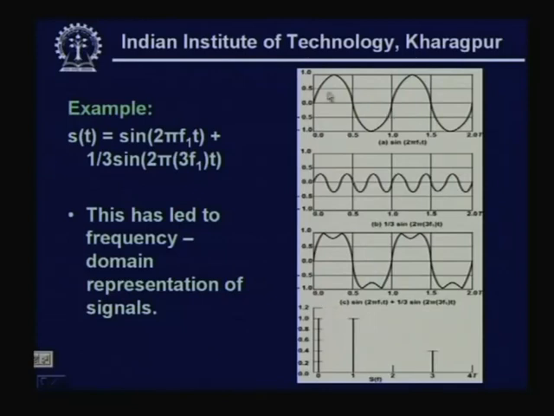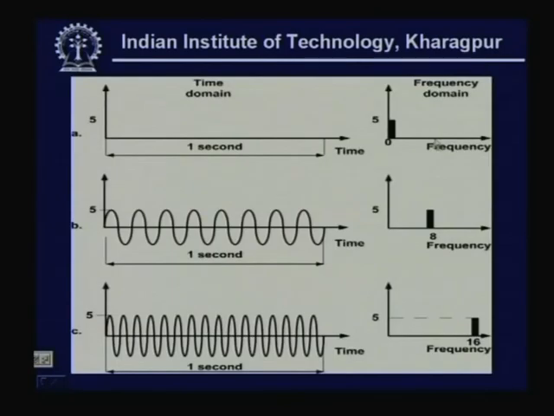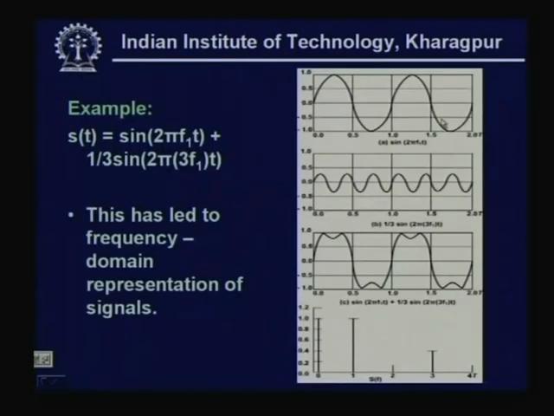Here we see a sine wave, sine 2 pi f1 t, having frequency f1. Here is another signal, within which we have 3 cycles, so it has frequency 3 f1. This frequency is 3 times that.